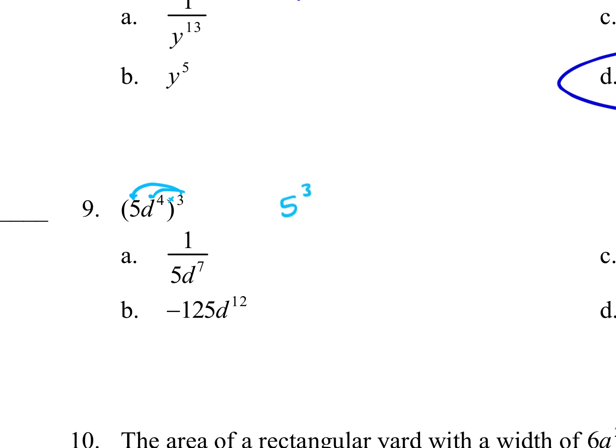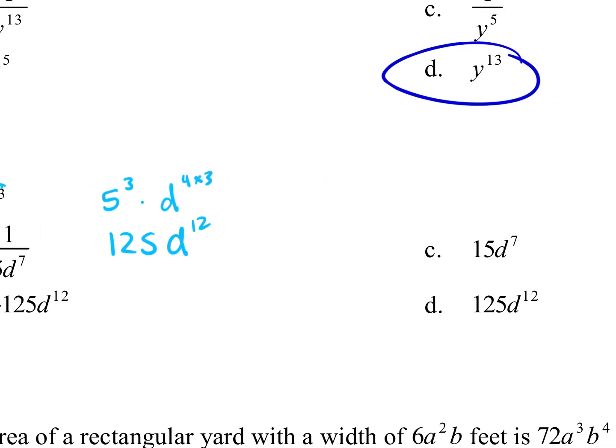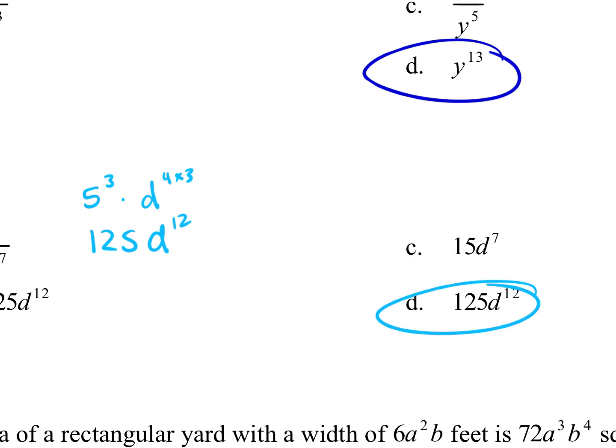So 5 to the third power times d to the fourth power, all to the third. I just distributed that exponent of 3 to both things inside. So 5 to the third power would be 125. And then it would be d to what power? D to the 12th power. So that matches answer choice D.